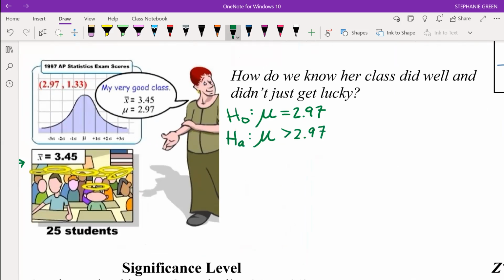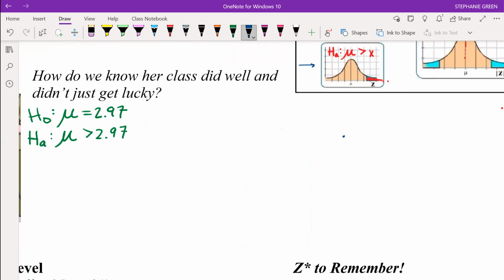Okay, so there are my two hypotheses there, but again, we have to talk about this in the context of the problem. I can't just leave it like that.